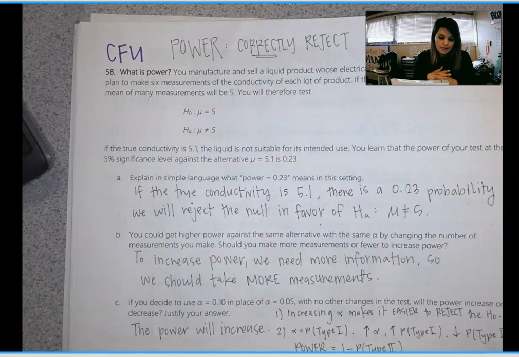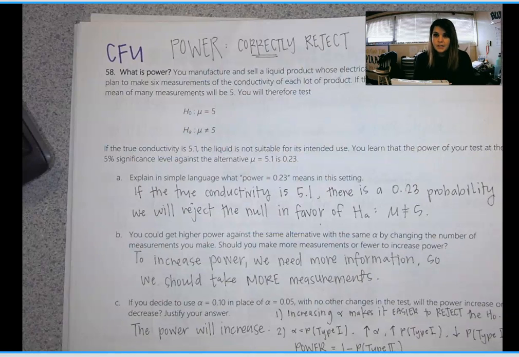So the setup is that you manufacture and sell a liquid product whose electrical conductivity is supposed to be 5. You plan to make 6 measurements of the conductivity of each lot of product. If the product meets specifications, the mean of many measurements will be 5.